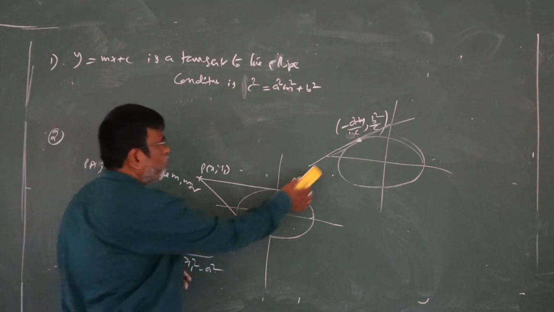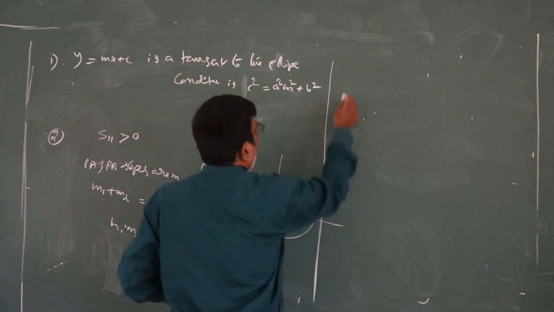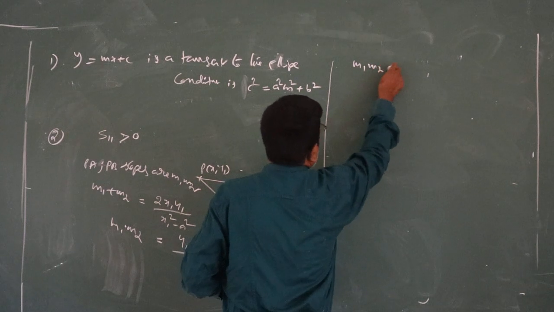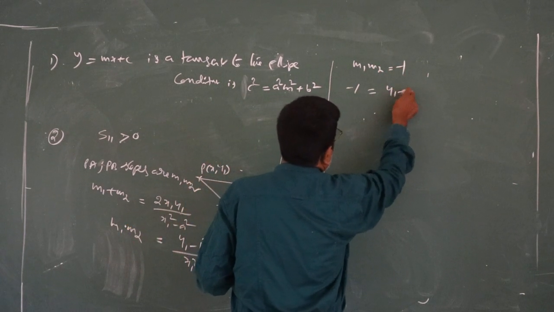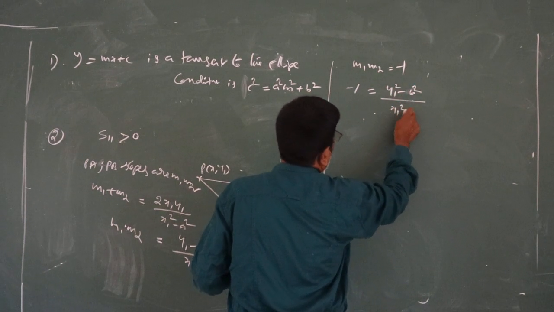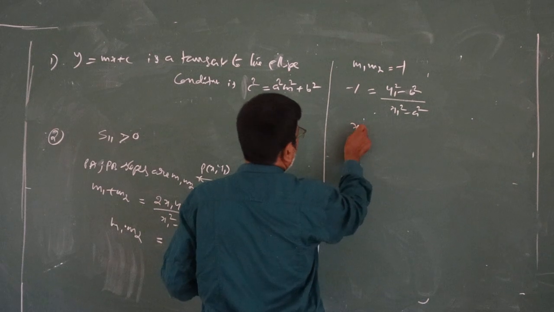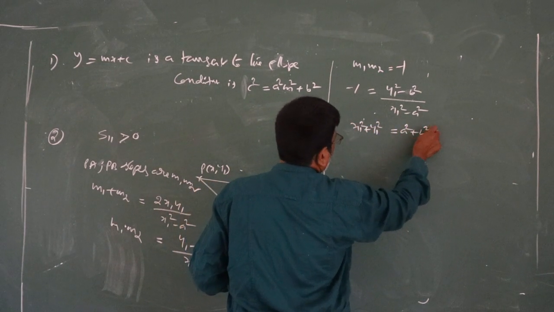From this, one more shortcut we know. Listen, suppose m1 m2 equals minus 1, so the two tangents are perpendicular. Then minus 1 equals y1 square minus b square by x1 square minus a square, that is, x1 square plus y1 square equals a square plus b square.